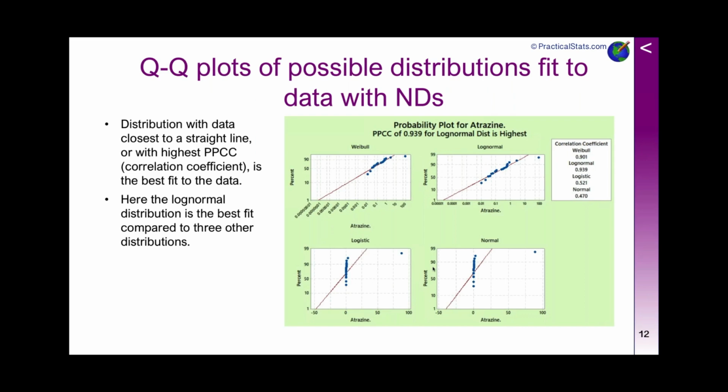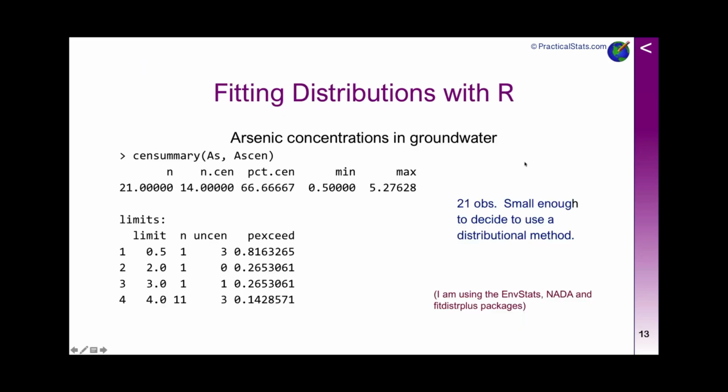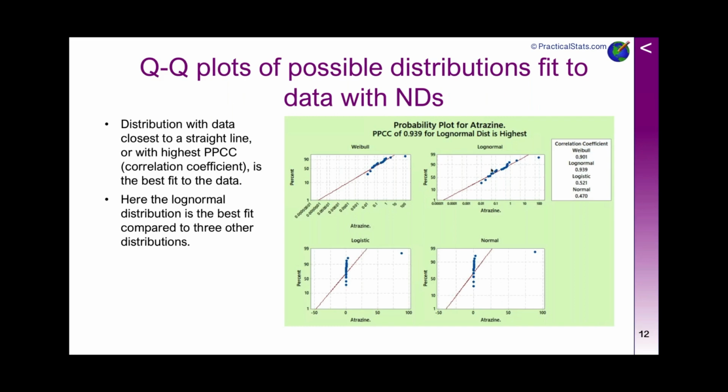So if you use the censored data or survival analysis methods in software, and again, this is from Minitab, you can do things like doing these QQ plots for different distributions and decide which ones fit the best. So here is the PPCC, and we can see that the normal distribution has a value of 0.47. The log normal had that .939.